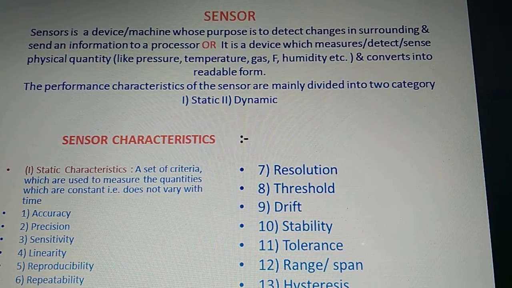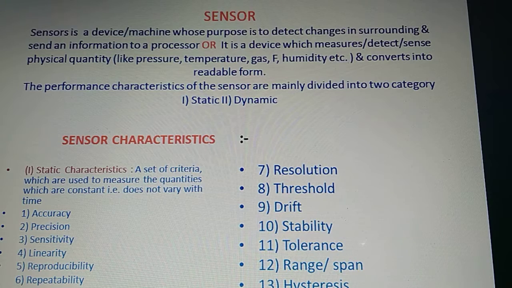One type is static characteristics, and the second category is dynamic characteristics of the sensor. Out of these two categories, we have started the first category of the sensor characteristics, and that is called static characteristics of the sensor.